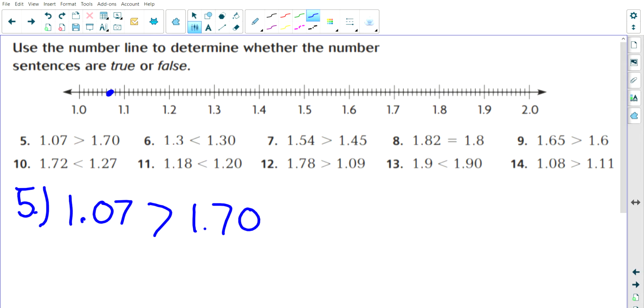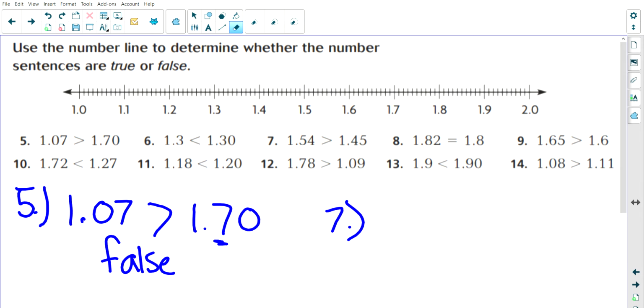So that means that I have a 7 in the tenths place, so that's going to be all the way down here. So looking at this comparison, is that true? No, it is not true. It is false. Okay, let's solve one more like that. Let's solve together number 7.